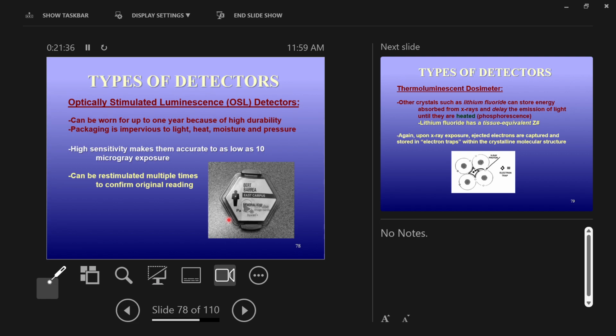OSL badges are the most expensive, but they're also the most accurate. TLD badges follow very closely behind, and they're almost always going to be rectangular or square. They do exactly the same thing, just a difference in when it gets back to the laboratory and how they read the energy from them. That's the idea.